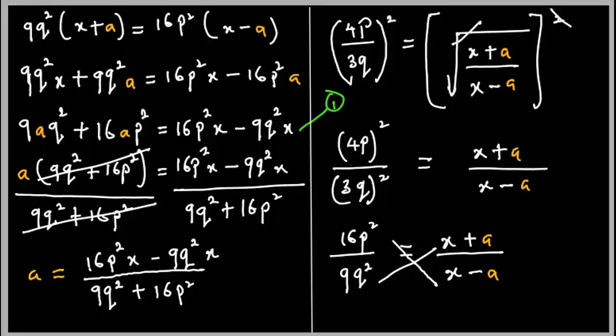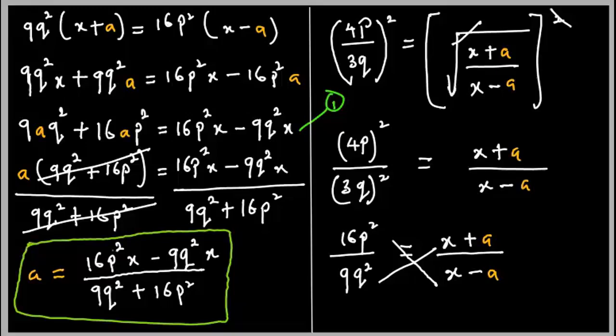So this is our final answer. We've gotten our a. So this is the answer: 16p squared x minus 9q squared x all over 9q squared plus 16p squared.